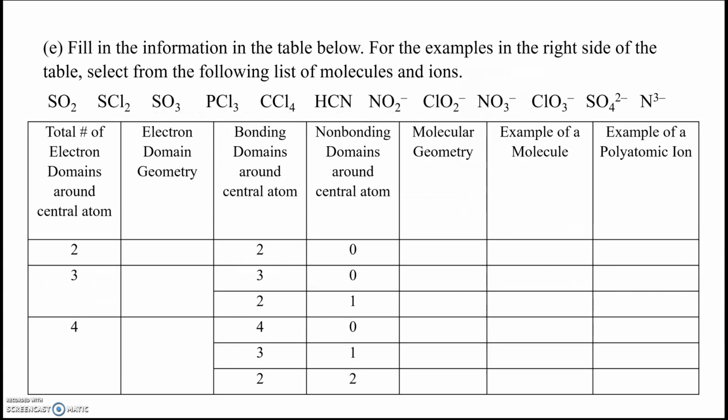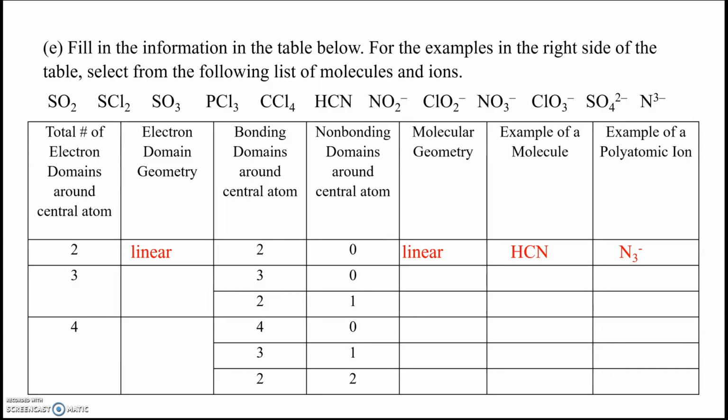All right, now we want to fill in the information in the table below. So for the examples on the right side of the table, we're going to select from the following list of molecules and ions. There's quite a little laundry list here. So we're going to try to fill in the blanks. When we have a total number of electron domains around the central atom equal to 2, our electron domain geometry is linear.